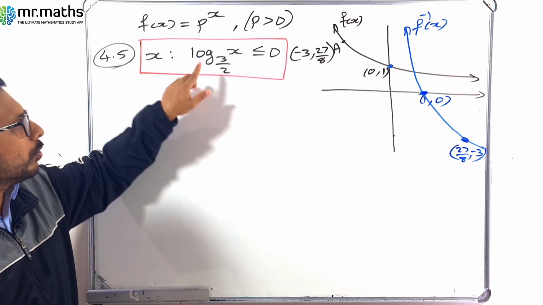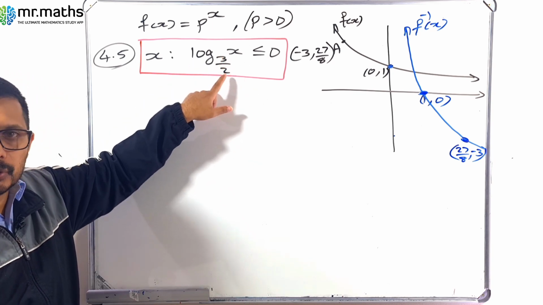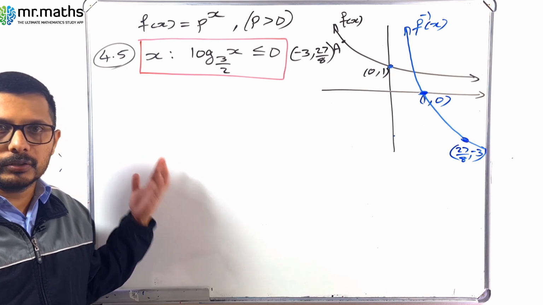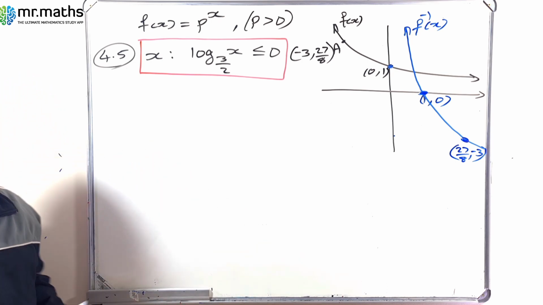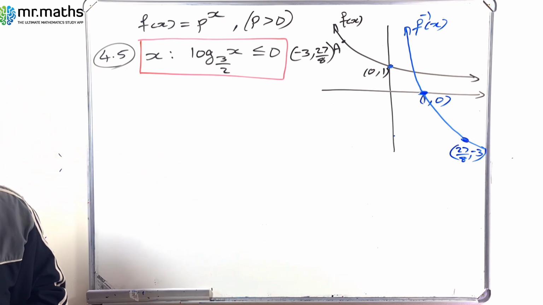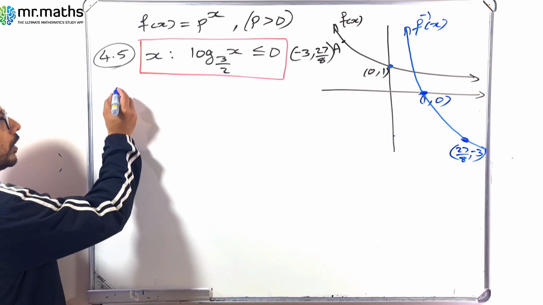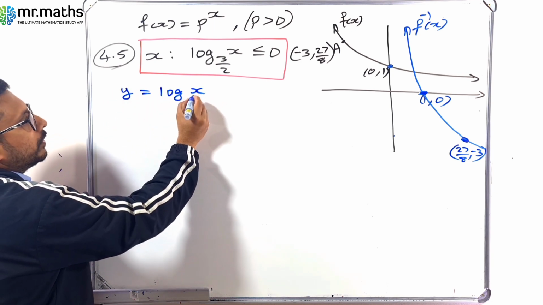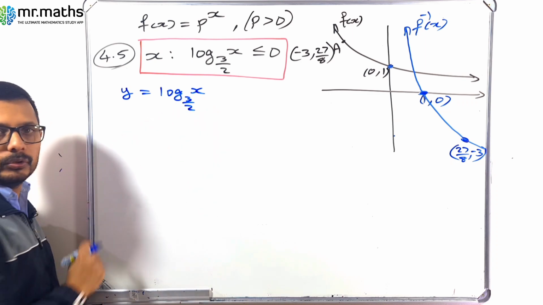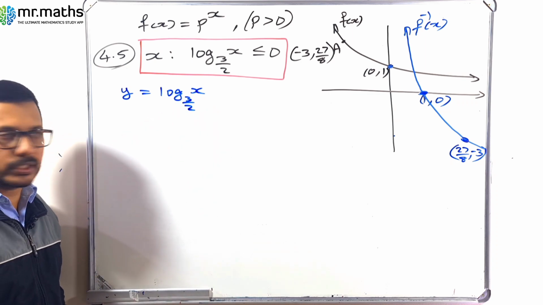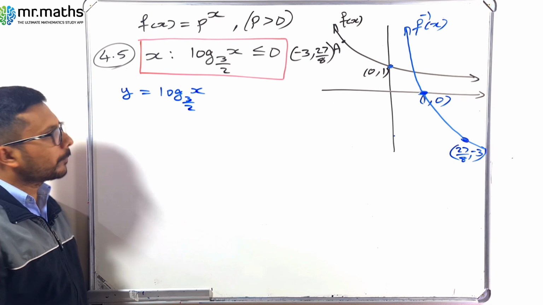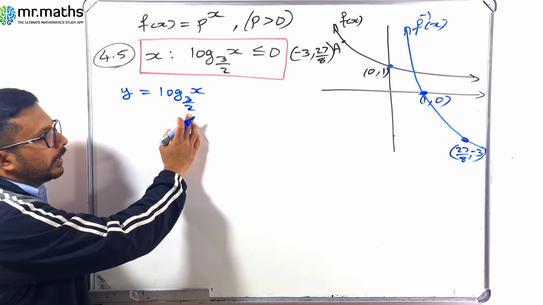Log x to the base 3 over 2 is not a function like that, it's a logarithmic function. So we can write y is equal to log x to the base 3 over 2. We know that is a logarithmic function. How can you write this as an exponent?